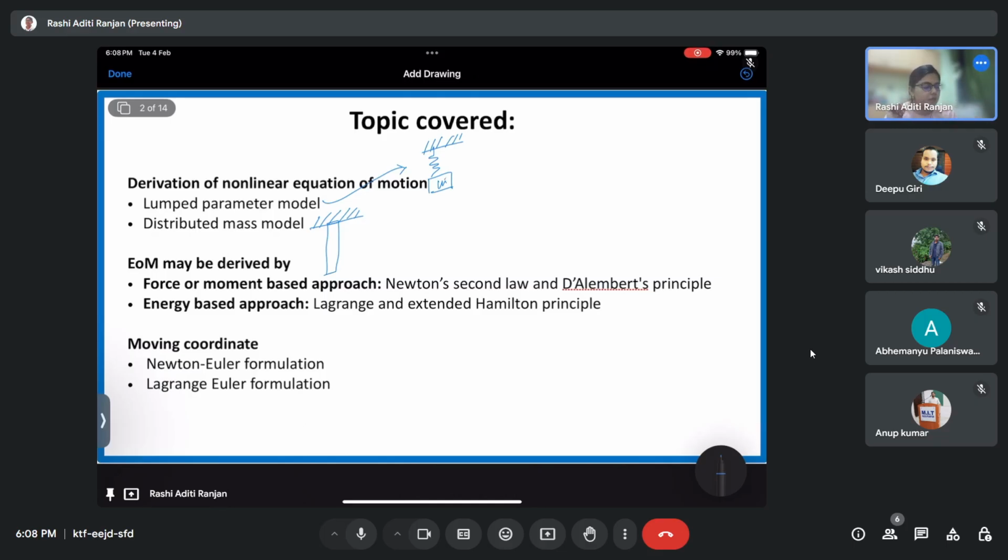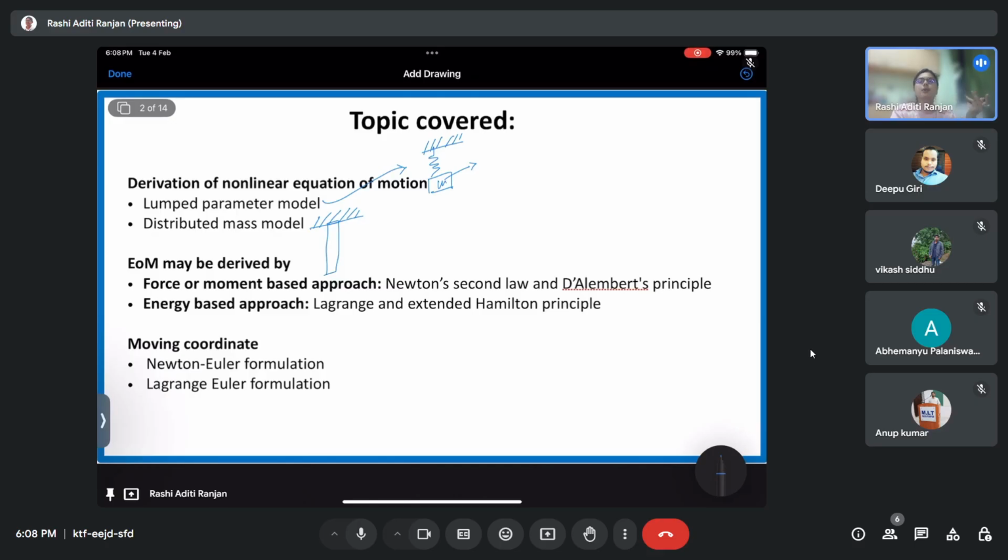Here we have a mass which is concentrated at a point. In a distributed mass model, my mass and stiffness are distributed over the whole body. So for a lumped model, we have a finite number of frequencies, while a distributed mass model, or continuous body, has an infinite number of frequencies, right?